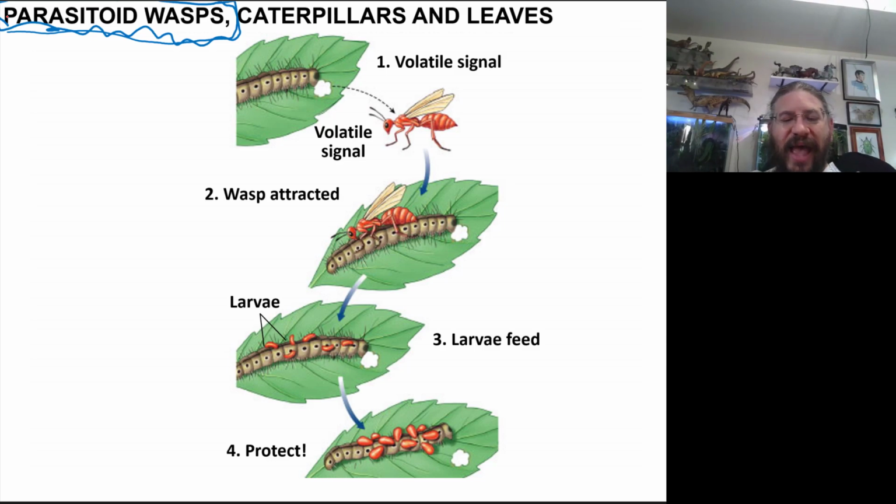Then when the eggs hatch, the wasp larvae chew their way inside to the live caterpillar. The live caterpillar goes into hyper feeding mode. It feeds nonstop and cranks out as much nutrients as possible, but it doesn't grow because it's slowly being eaten alive.